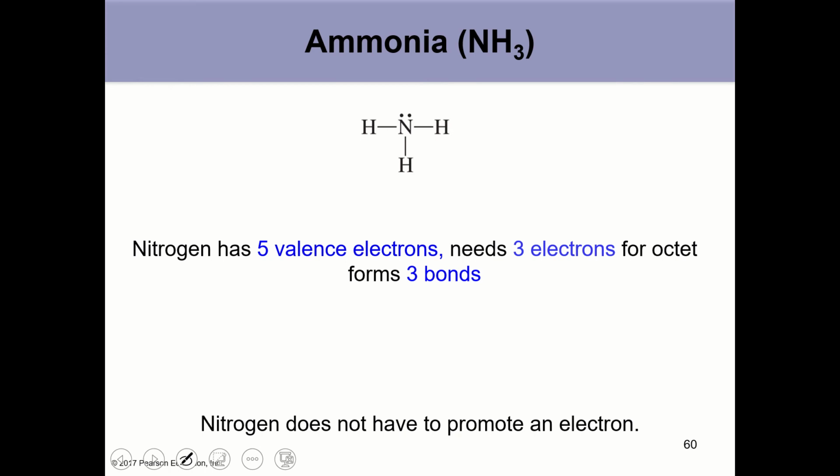Nitrogen has 3 bond sites and 1 lone pair, and so the nitrogen in this is sp3 hybridized. And the geometry is trigonal pyramidal. Three bond sites and 1 lone pair, trigonal pyramidal.